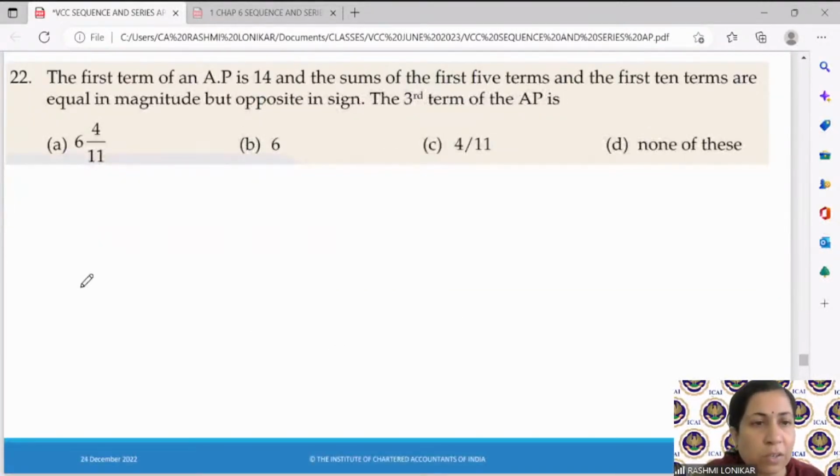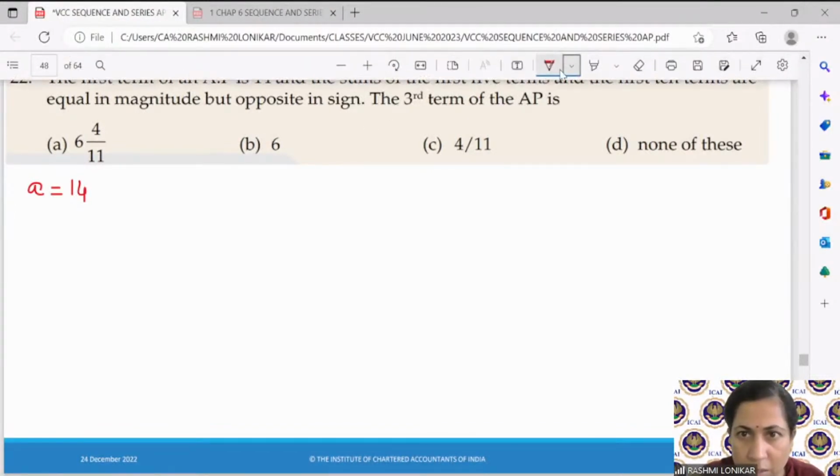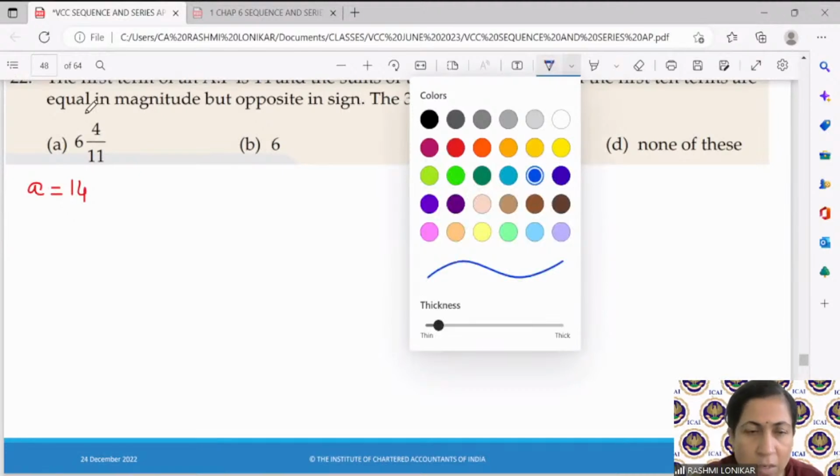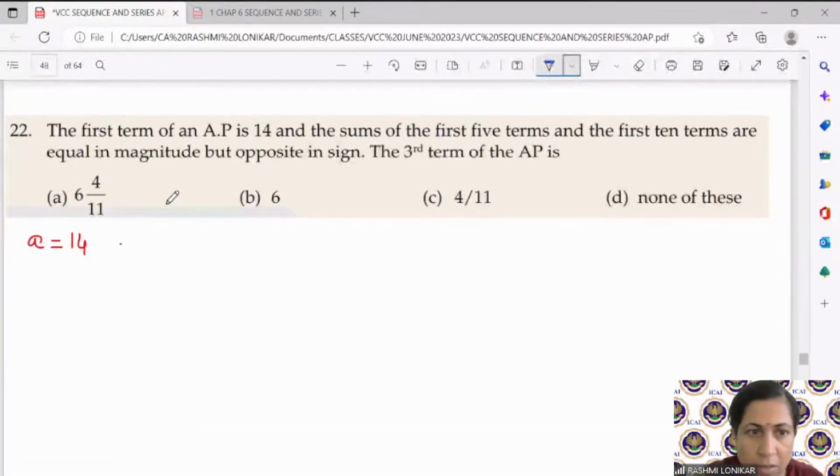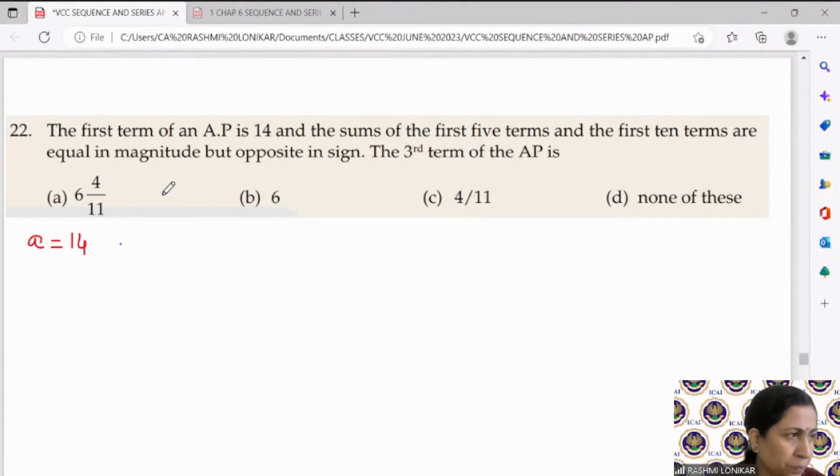They've already given you A as 14. And then the sums of the first 5 terms and the first 10 terms are equal and opposite in magnitude. Now let us see how I can do this.